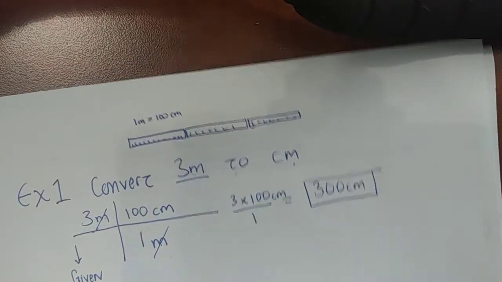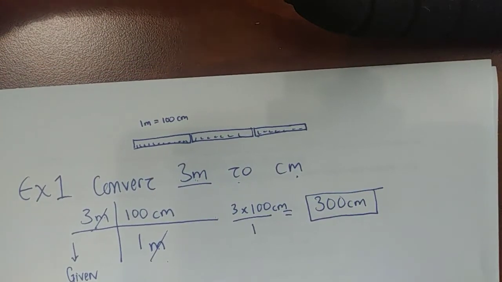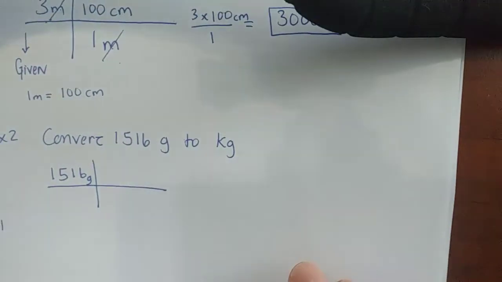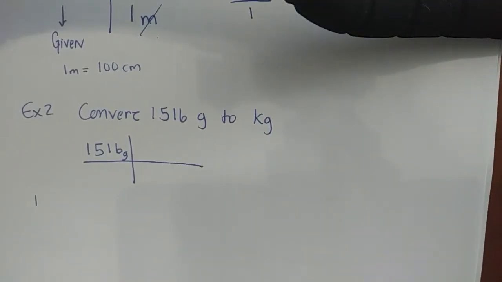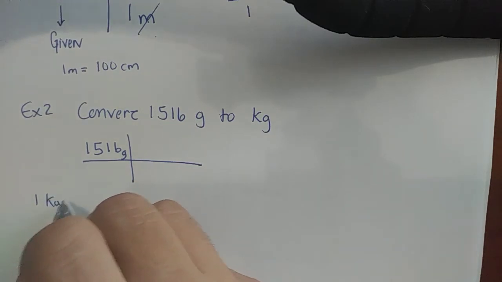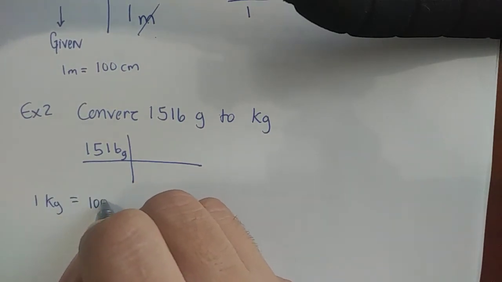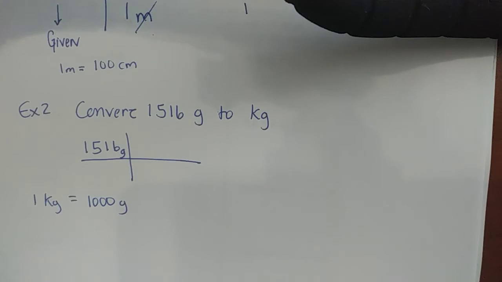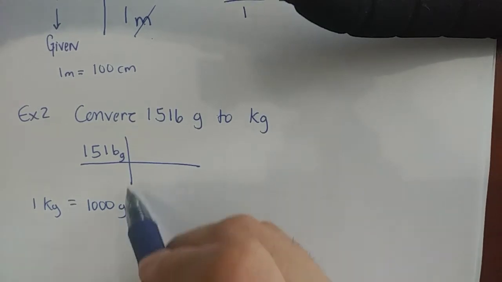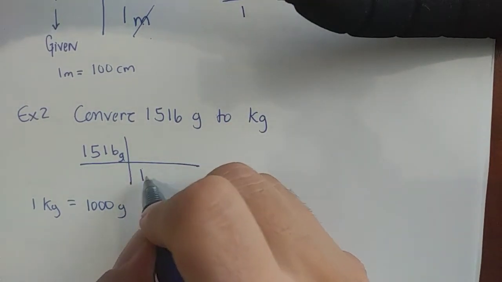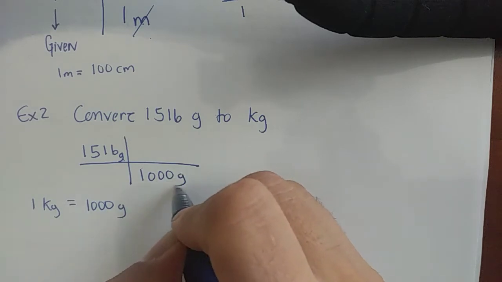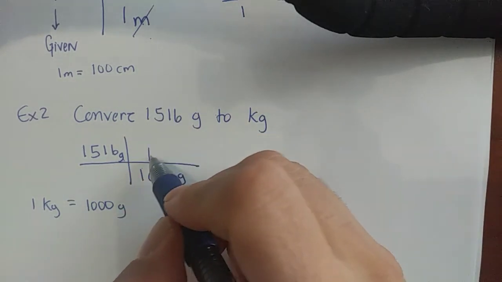So 1 kilogram. Oops. 1 kilogram is equal to 1,000 grams, right? So again, what goes in the bottom? Well, we want grams to cancel. So grams go in the bottom. And 1 kilogram will go on top.